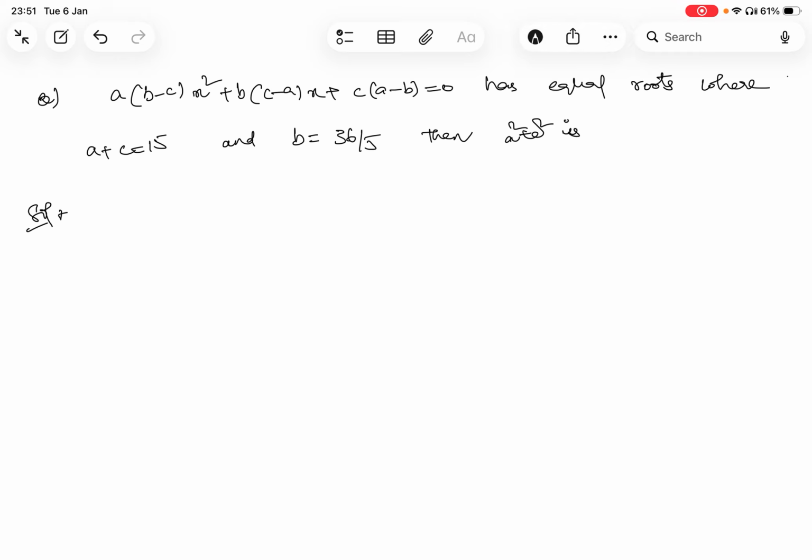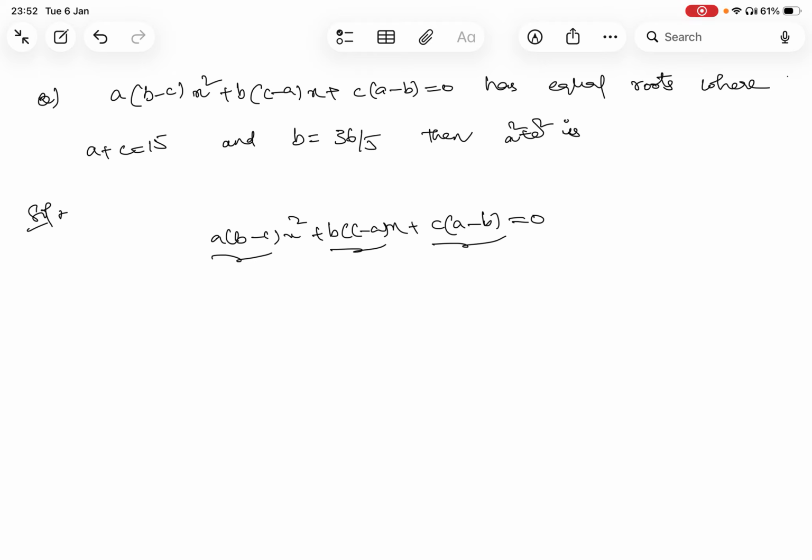So let's start solving this question. As you can see, the given equation a(b minus c)x square plus b(c minus a)x plus c(a minus b) equal to 0 is a quadratic equation, and the coefficients in this quadratic equation are cyclic, right?